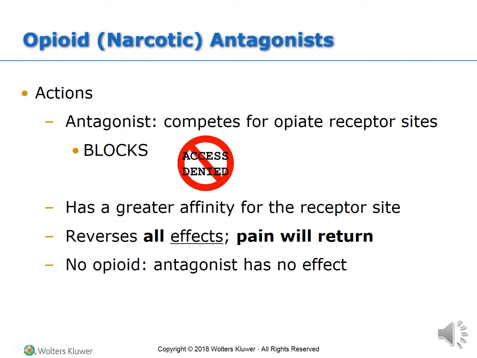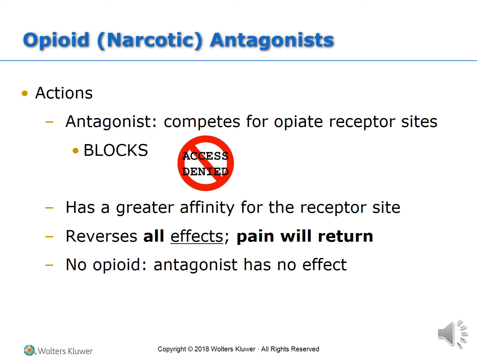So an antagonist competes for that opiate receptor site and blocks the receptor site. The way this works is if there is an opioid agonist attached to the receptor site, the antagonist actually has a greater affinity for the site and it will boot that opioid agonist off.